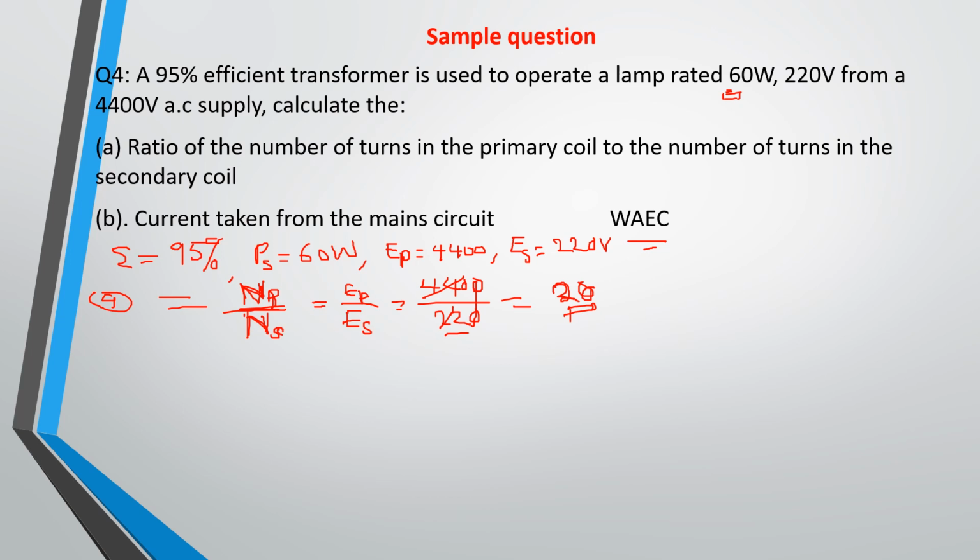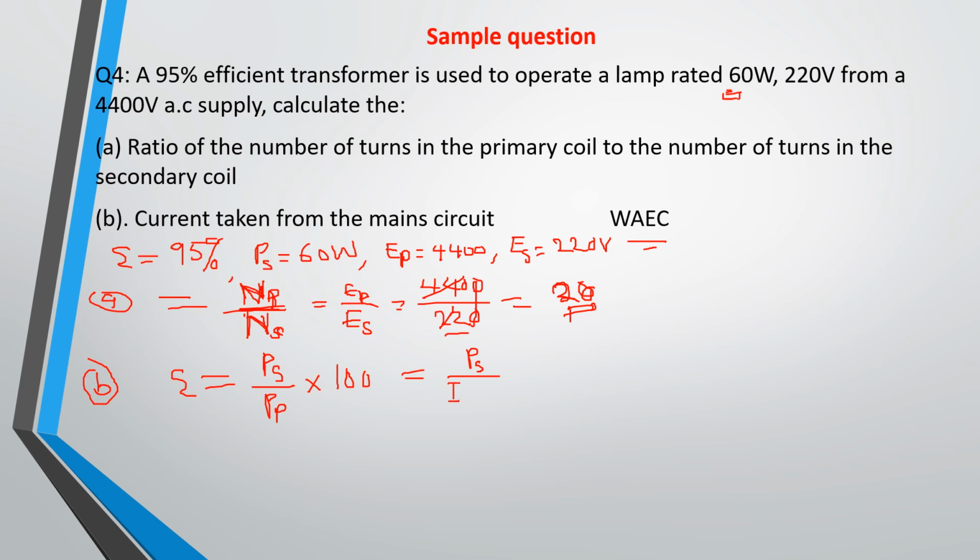Alright, so fine. Then in the second instance, we are given the efficiency. Remember that we said efficiency is equals to what? Power in the secondary, power output all over power in the primary multiplied by 100%. That's what we said. And this can also be written as power in the secondary over power in the primary, and power is equals to what?